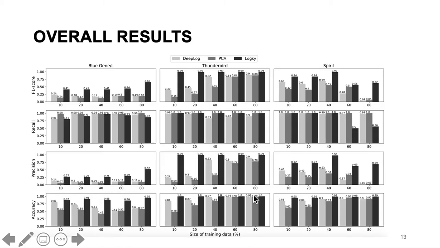The overall results are pretty promising and outperform the previous method, which is DeepLog, which is fully unsupervised, and also outperform the PCA baseline. We can see from these graphs in F1 score that it outperforms, but we can really see why in the precision table here.